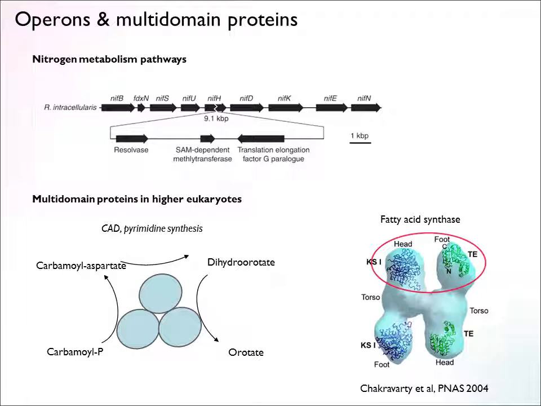Another kind of famous example of this is fatty acid synthase. So this is also a multi-domain protein. We looked a bit at fatty acid synthesis in the lipid lecture. And as you recall, there are several steps. There is elongation. There are steps where you have to reduce the growing fatty acid chain. A couple of steps, you get rid of oxygen. And these steps are located on different domains on this synthase enzyme.